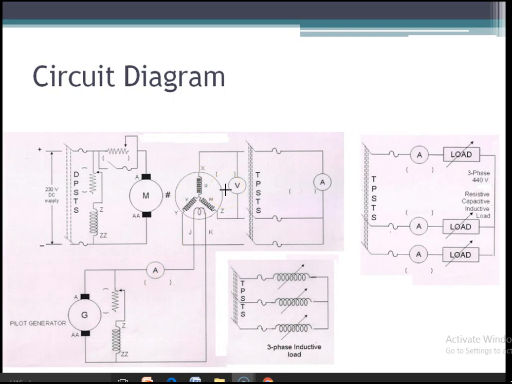Now after completing the open circuit test, that means once the rated voltage is induced in the alternator, the next step is the short circuit test. For the short circuit test, you have to bring this position to its original position, so the EMF given to the field is less and the induced EMF is almost at its initial stage.